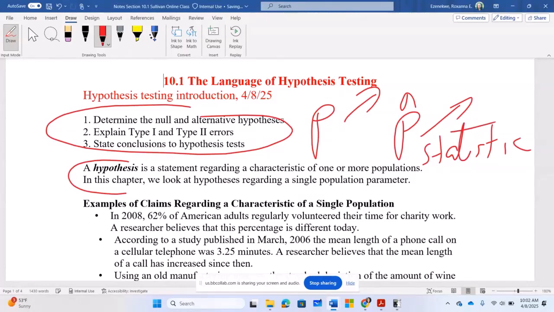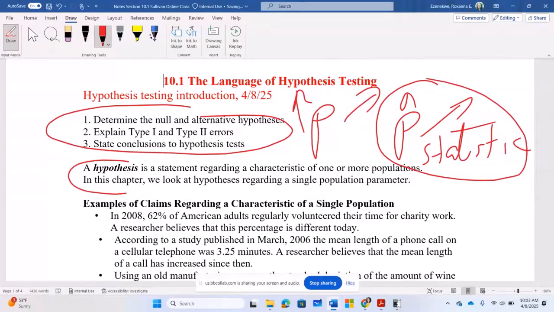P hat is a statistic or the point estimate, and P is a parameter. We use P hat, the point estimate, to estimate the parameter P, the big P, capital P. So P hat is the estimator.